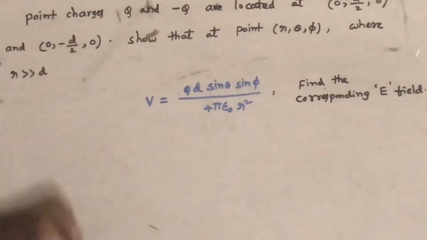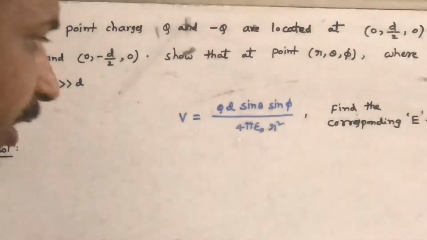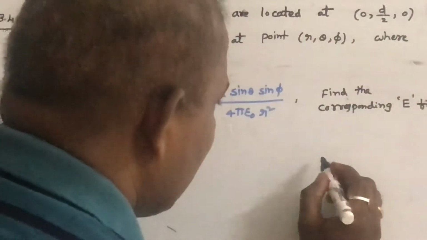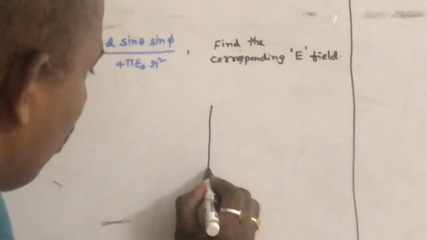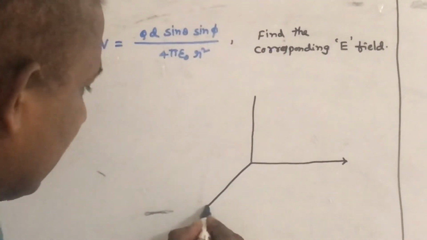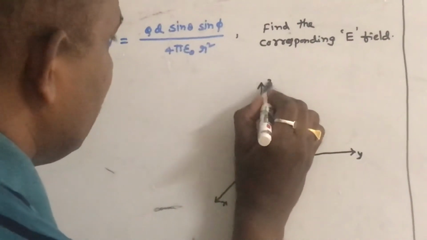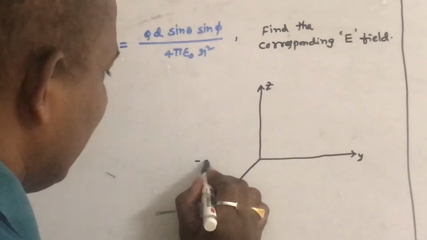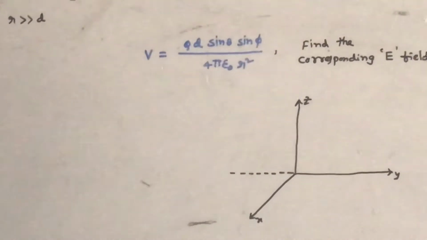So this is a very simple question, which is problem 3.49 from the Sadiku textbook. First let us draw this information in the diagram. First let us draw the three-dimensional coordinate system x, y, z. Where the dipole is given, you can clearly see that the dipole is on the y axis.